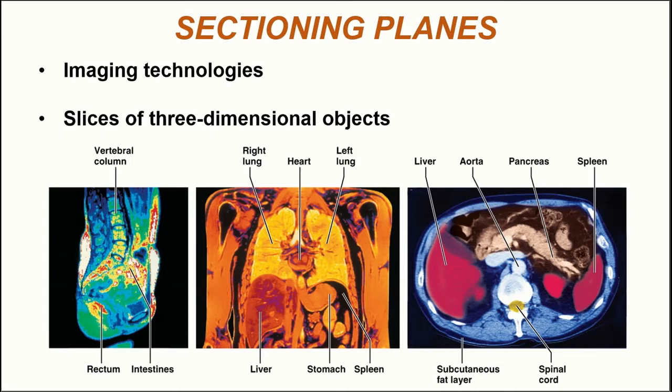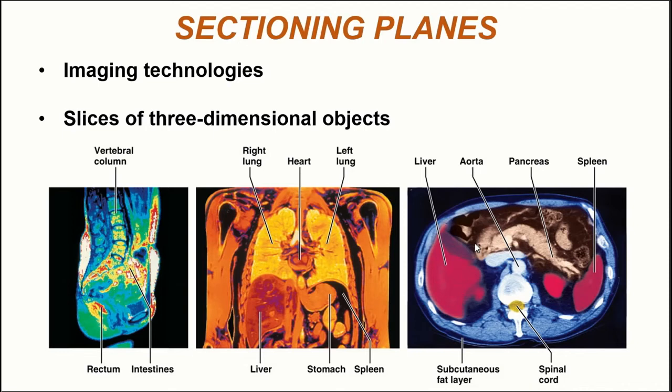So these imaging technologies allow us to look internally without cutting, but what you're seeing here is they're still taking images of the body along these flat surfaces or planes. So it's as though we made a section or cut through that body with our imaging technology.